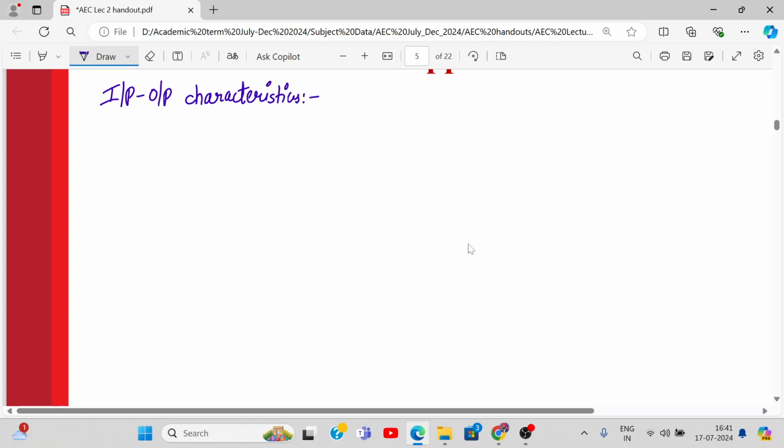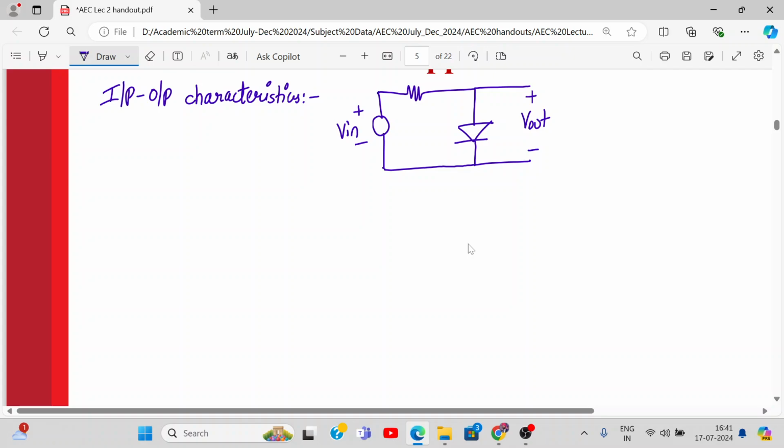Okay, so what is my circuit? Let me redraw my circuit. So this is V in. I have a resistor over here. I think this was the circuit, right? Yes or no? This was D1 and this was R1.